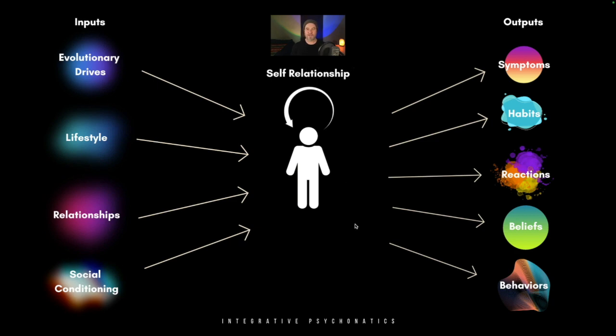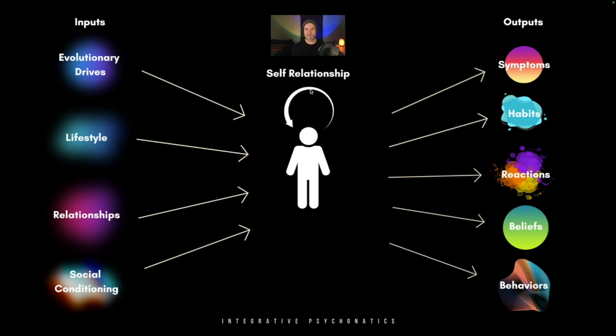So I want you to understand that, at the heart, at the intersection, if you will, between your inputs and your outputs is your life. And one major place that we have leverage and impact on ourselves is in our self-relationship. So this is generally, that we are looking at ourselves and looking how we act, how we feel, what we believe, what's going on, et cetera, et cetera.